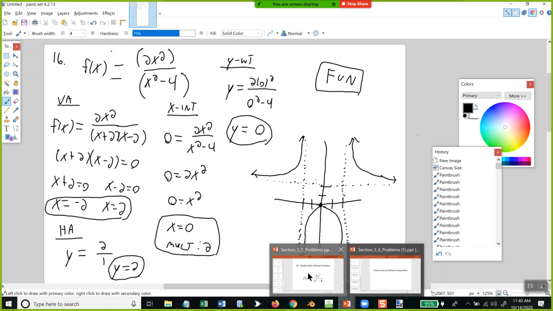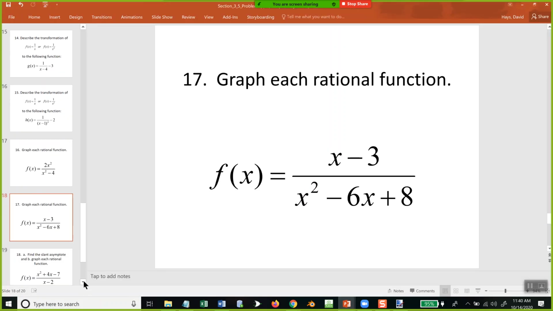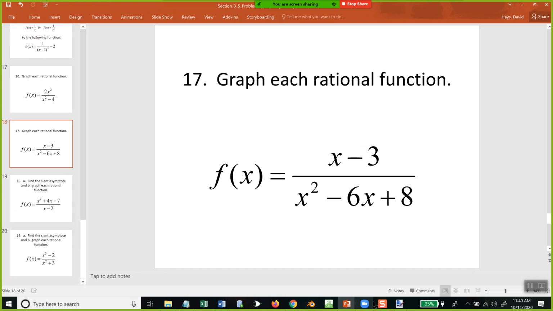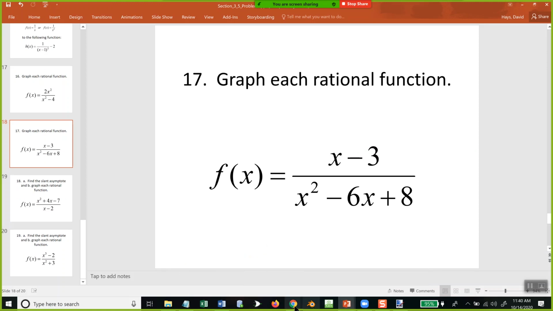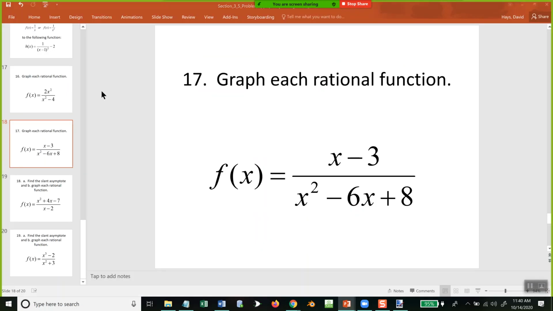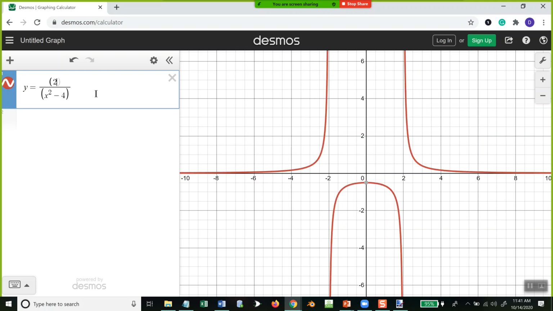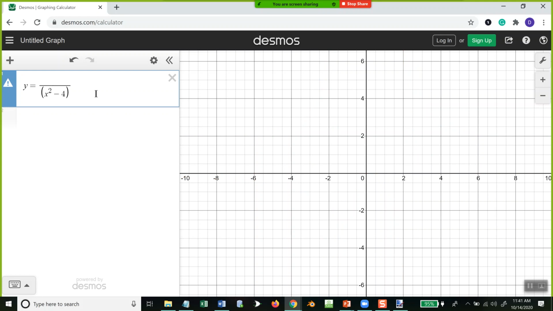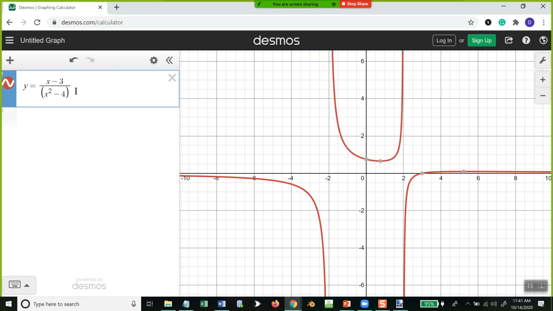Okay, number 17. Again, I'm not going to graph it by hand. I'll plug in the calculator. Where is my calculator? There it is. X minus 3 over x squared minus 6x plus 8.